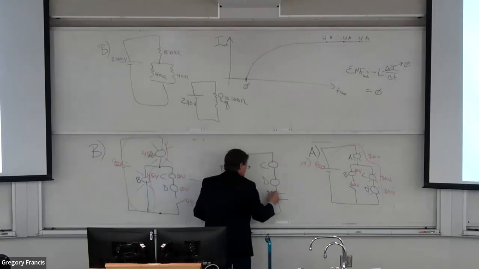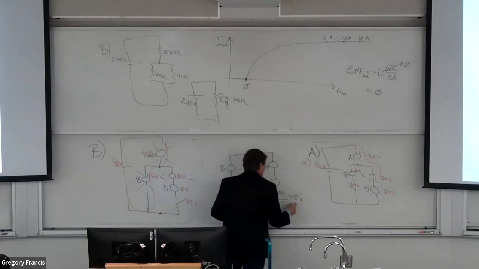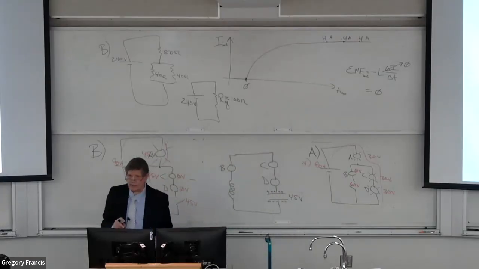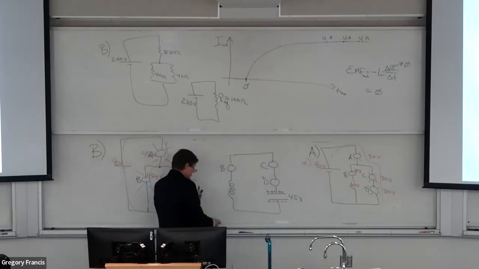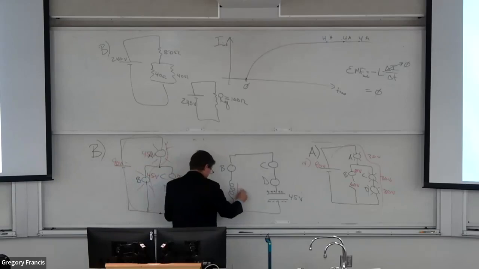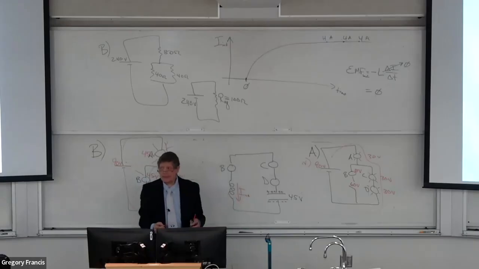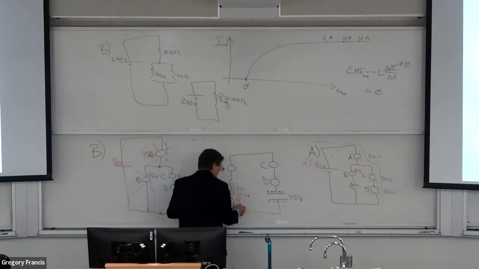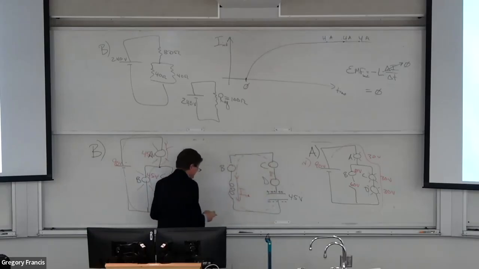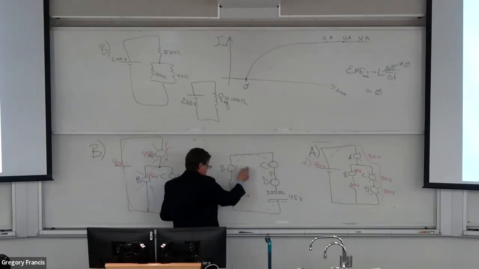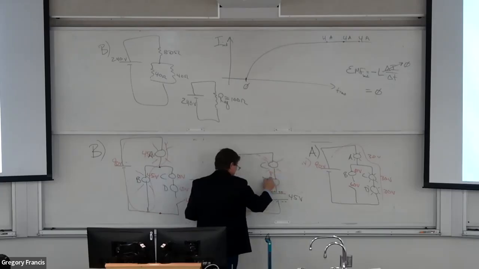And I know the capacitor was charged up to 45 volts, so it's still going to be 45 volts right after I open the switch. What I can't change instantly is the current through the inductor. That has to be exactly what it was before. And now you can see that the current through the inductor is going to have to go around counterclockwise like this. And so that means that B, C, and D are going to be in series.